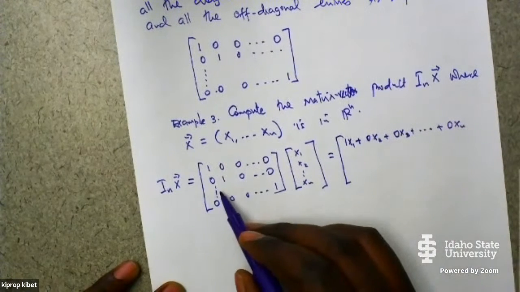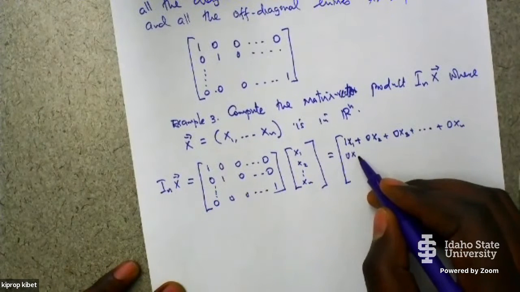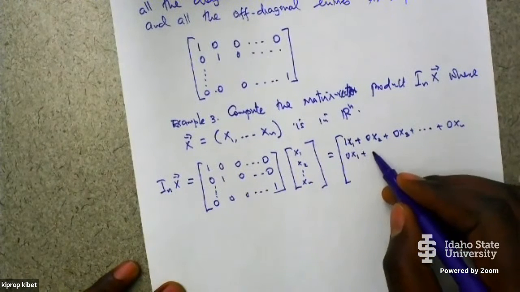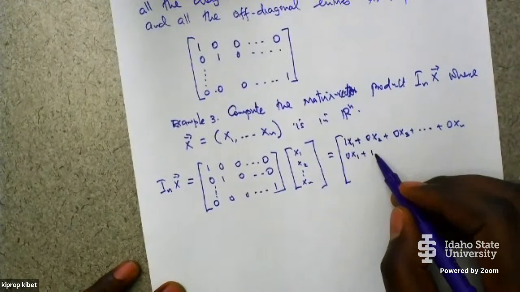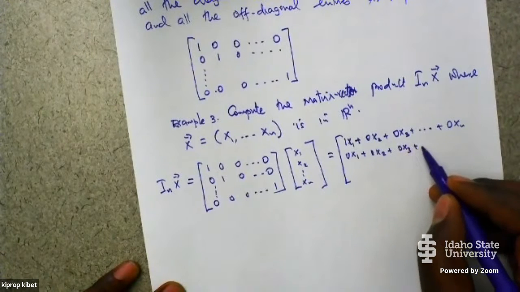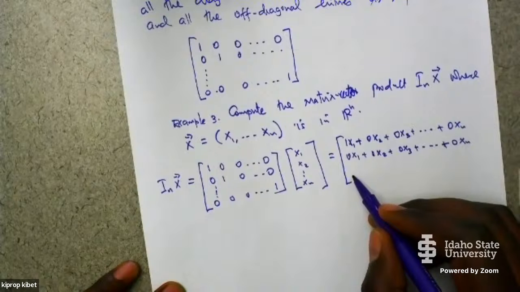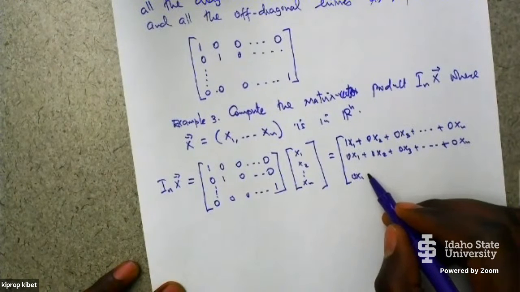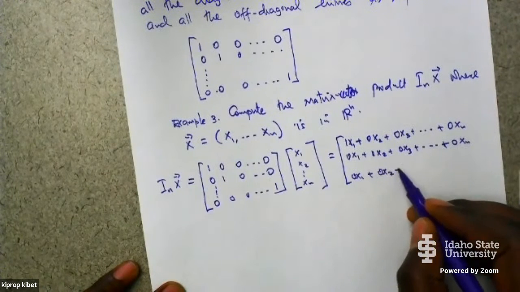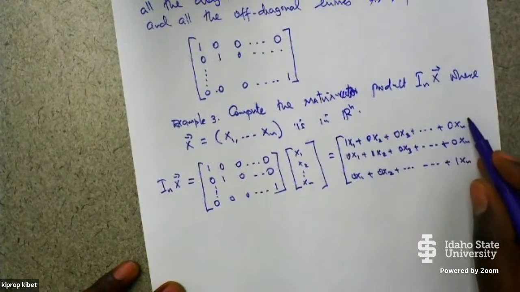The next one is 0 x1 plus 1 x2 plus 0 x3 plus 0 xn. The last one will be 0 x1 plus 0 x2 plus 1 xn.